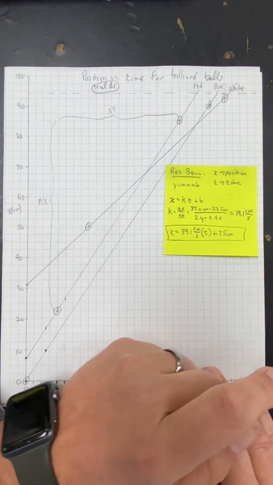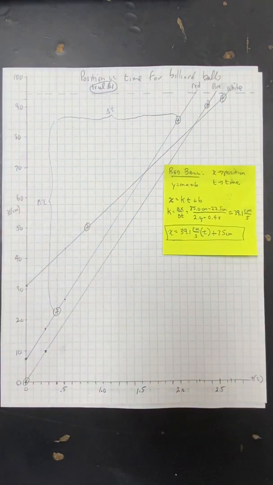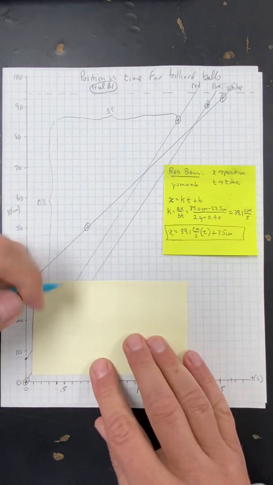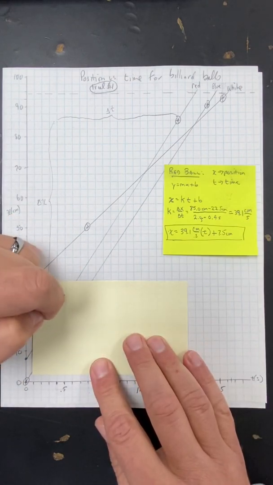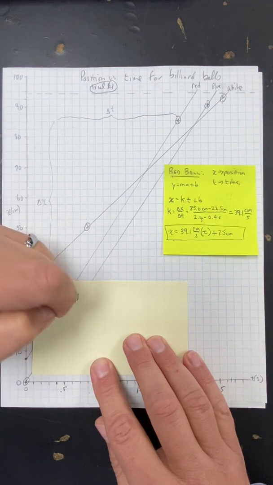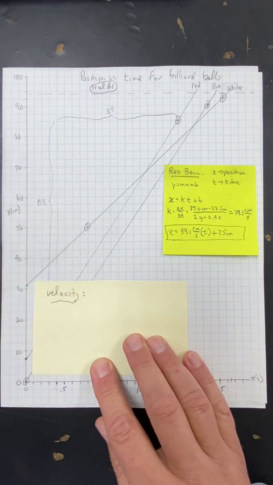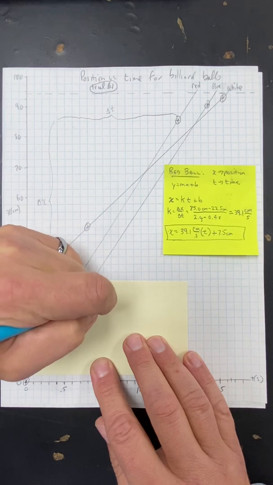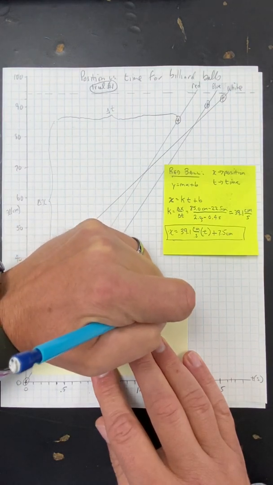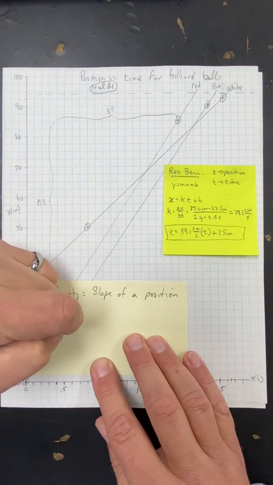So if you want to actually define a term, velocity is the slope of a position versus time graph.